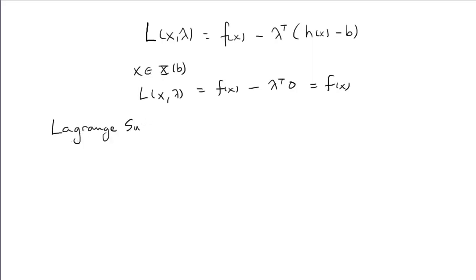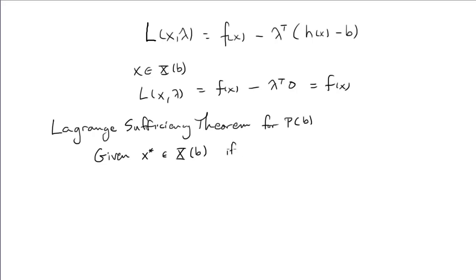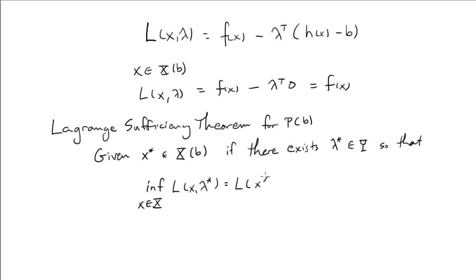The Lagrange sufficiency theorem for the primal problem: given any feasible x, if I can find a lambda so that the Lagrangian at that lambda is g of lambda, then that feasible solution must have been optimal.